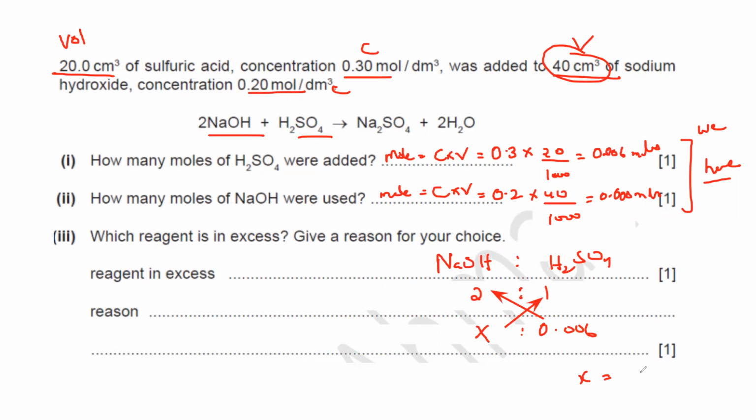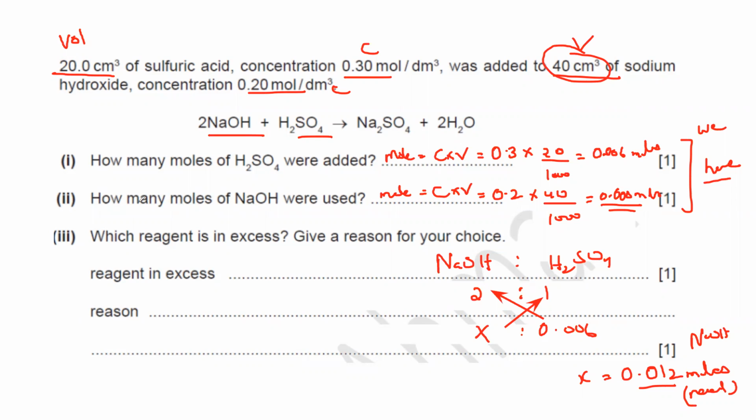These are the moles of sodium hydroxide which we need for a complete reaction. For a complete reaction, we need 0.012, but we have only 0.008. So we have less than what we need for a complete reaction.